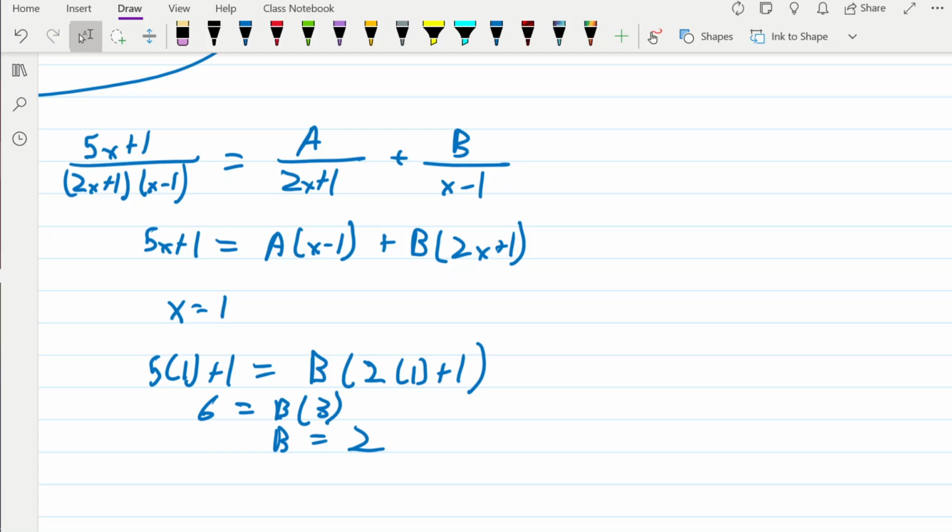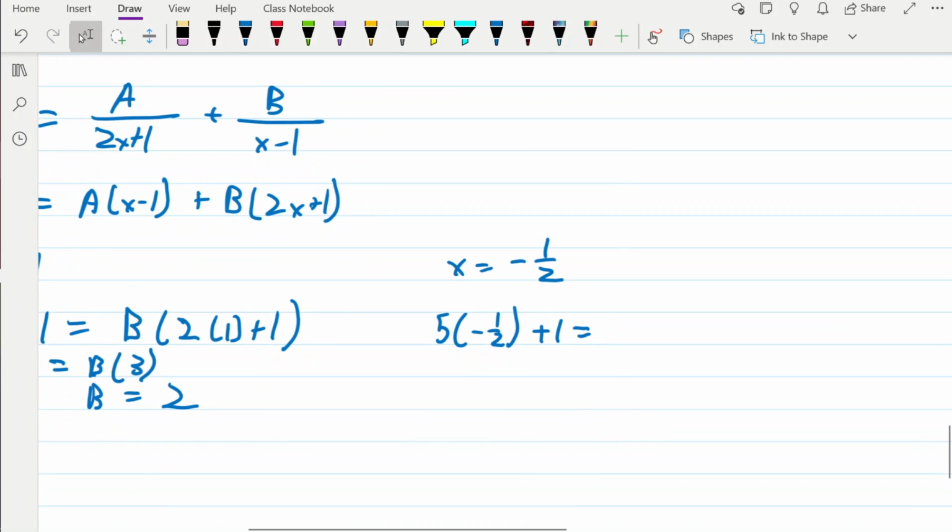And then we can also input negative 1/2 to cancel this out. So we're going to have x equals negative 1 over 2. So 5 times negative 1 over 2 plus 1 equals, B is going to get canceled out, so we're going to get A times (negative 1 over 2 minus 1).